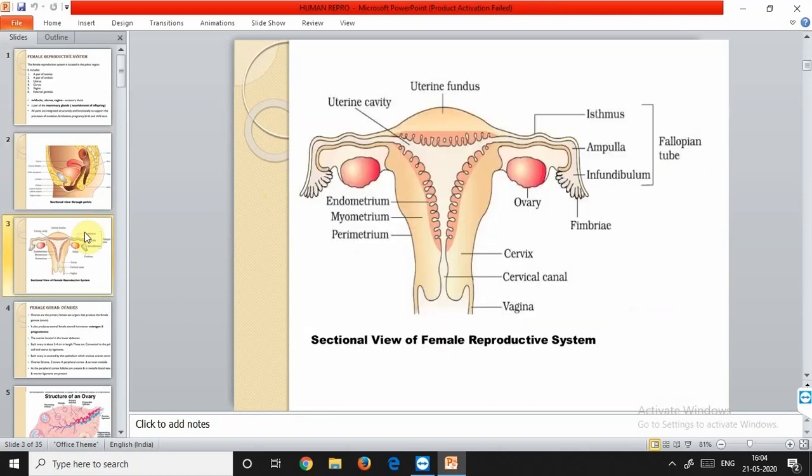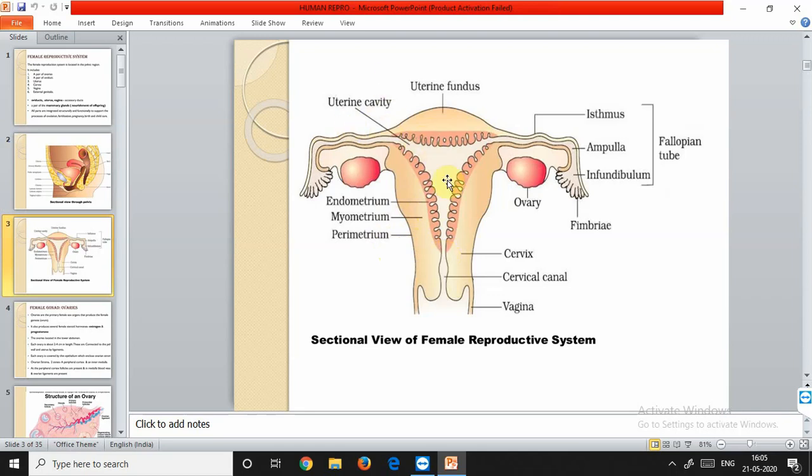Now this is a sectional view of the human female reproductive system. This is the endometrium, the innermost wall, the myometrium, and the perimetrium. All three are contractile, that is, they increase and decrease as per the requirement. When the baby is born, the size of the uterus and the cervix increases due to the contraction in these.